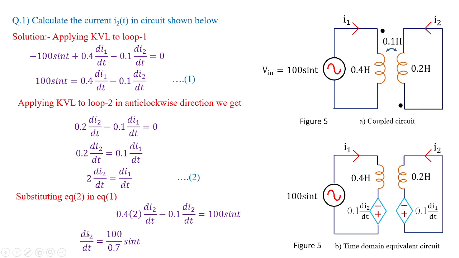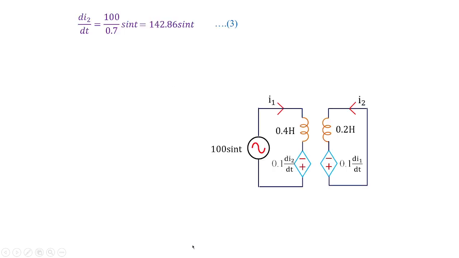In fact, di2/dt equal to 100 divided by 0.7 sin t, which will be roughly equivalent to 142.85 sin t. I hope you understood how we have framed this equation 3. So di2/dt is obtained as 142.86 sin t.